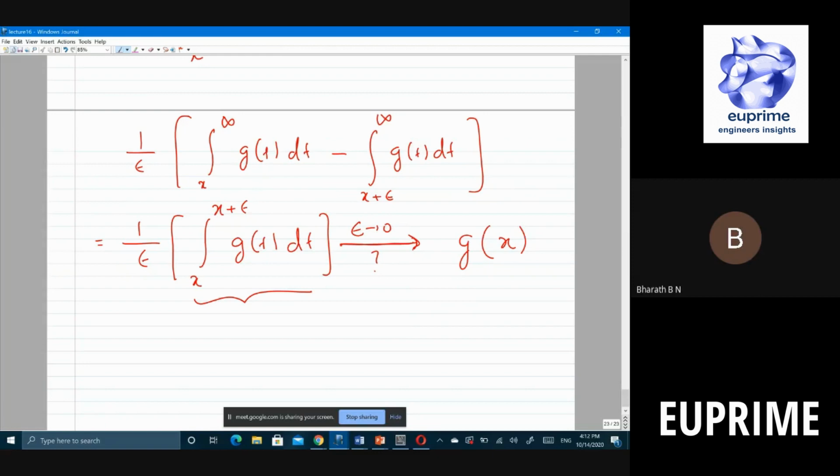The limit should exist. When will the limit exist? It depends on what g of x is.